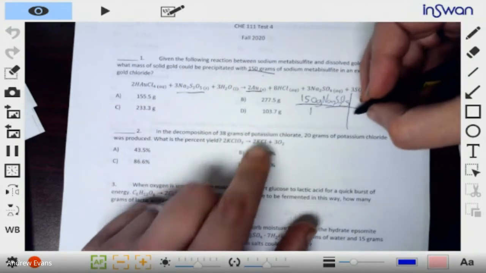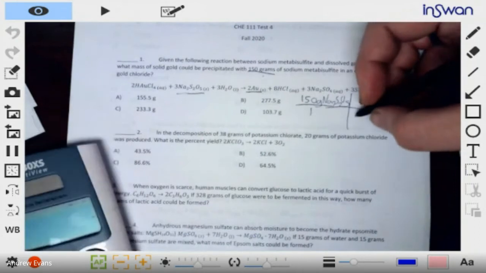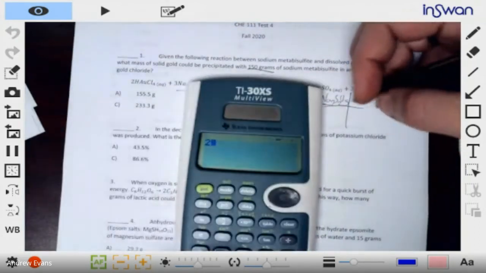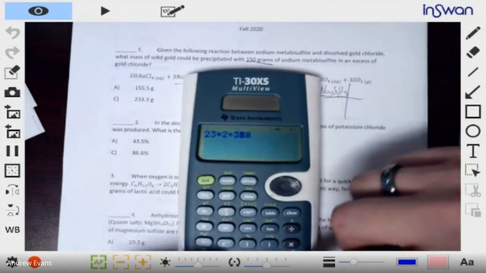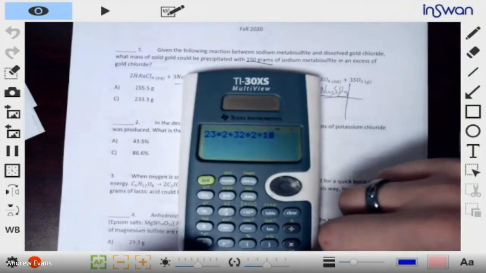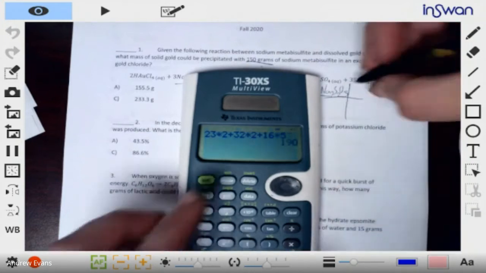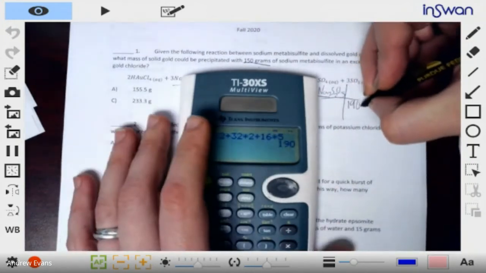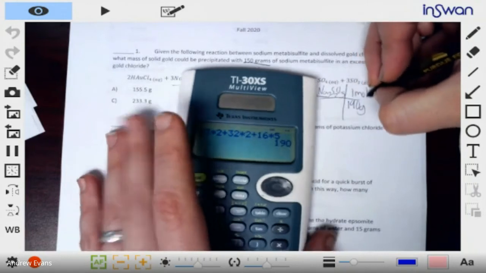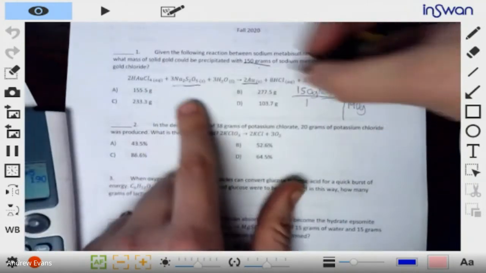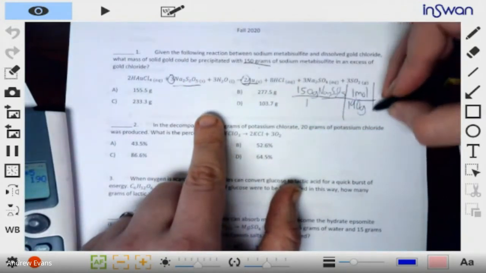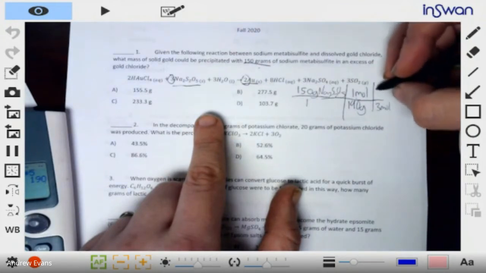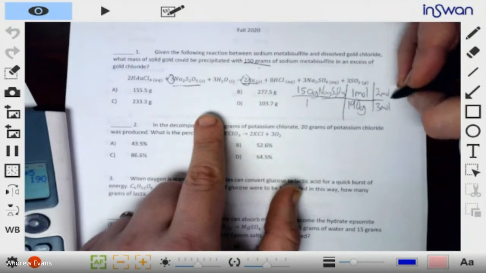So sodium is 23, times 2, plus sulfur is 32 times 2, and oxygen is 16 times 5. That is about 190 grams per 1 mole. And we use our balanced chemical equation. For every 3 moles of sodium metabisulfite, we'll get 2 moles of gold.